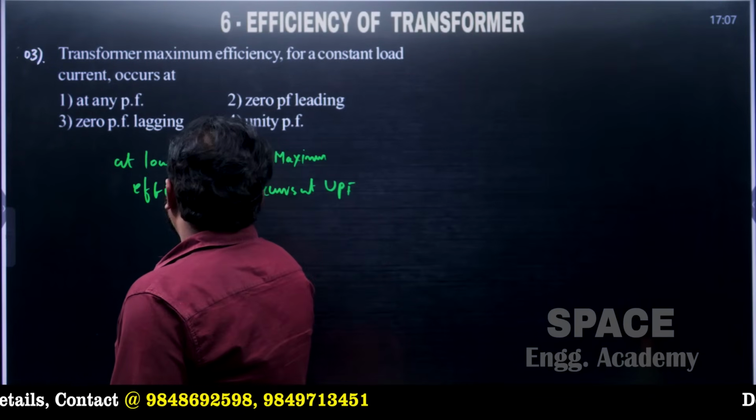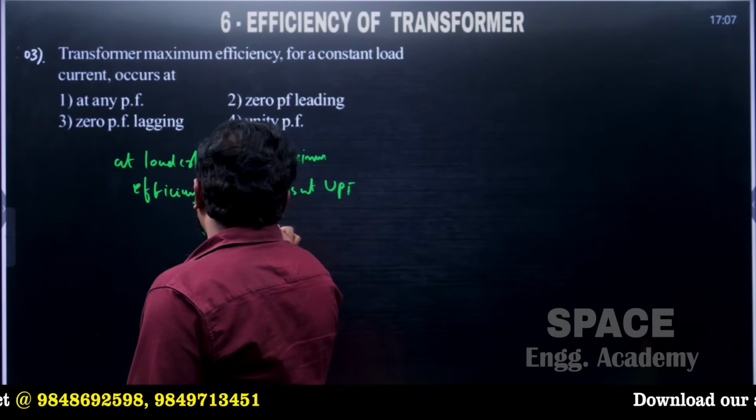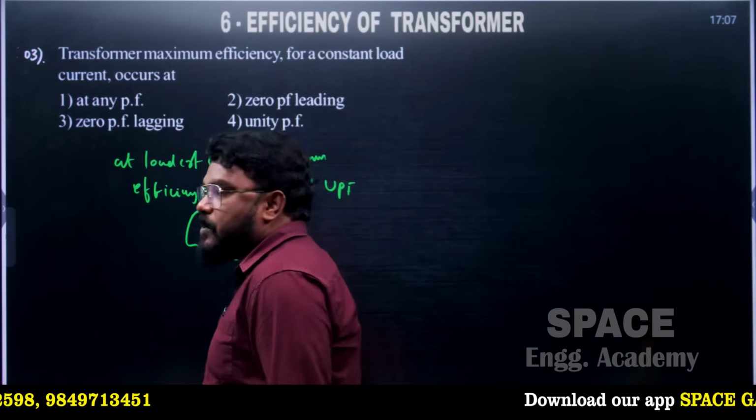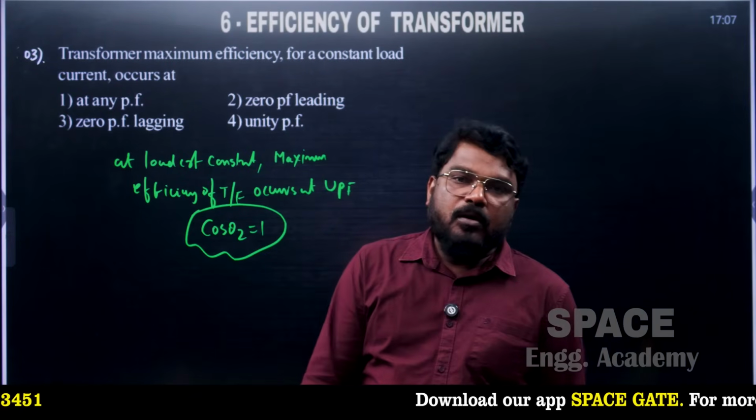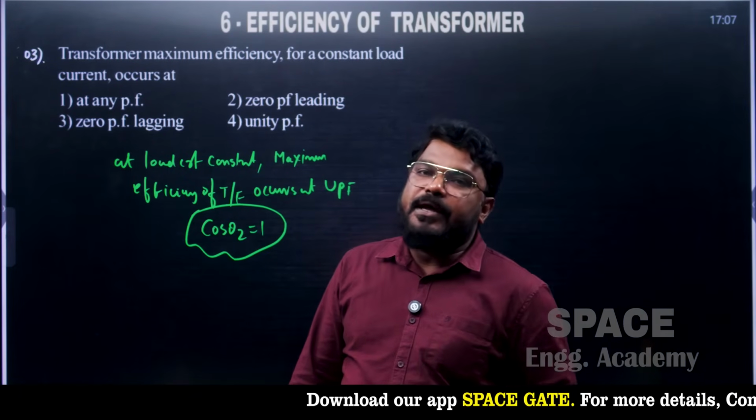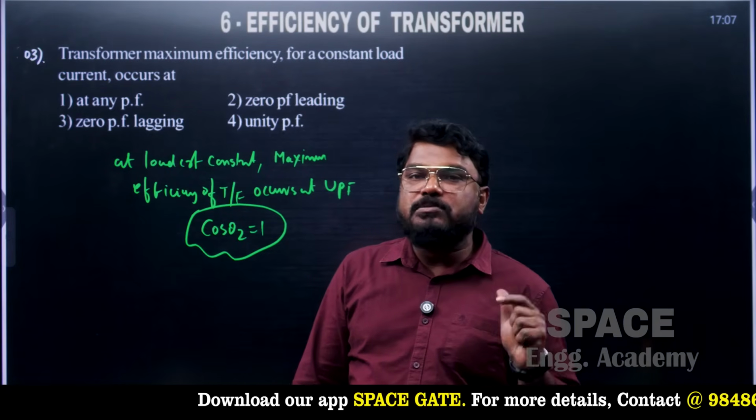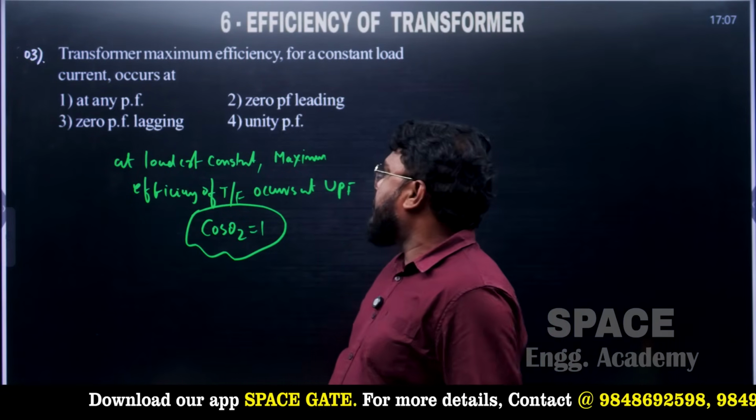That means cos theta 2 is equal to 1. By keeping load current constant, the power factor alone is varied. Maximum efficiency of the transformer occurs at unity power factor.